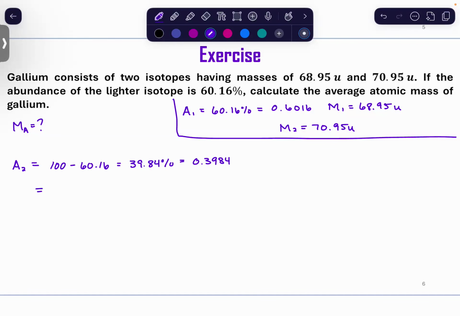or you could realize that 100% is 1 when you're using the decimal notation for percentages. So 1 minus 0.6016, and again we get 0.3984 as our second abundance.